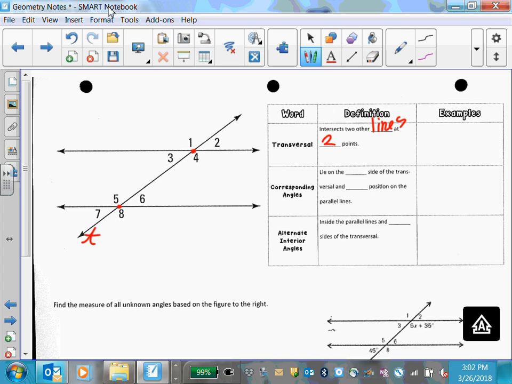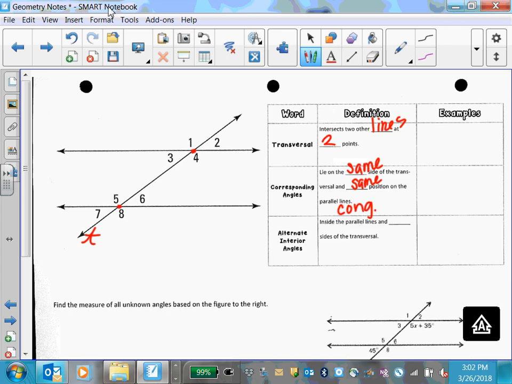Corresponding angles lie on the same side of the transversal and in the same position on the parallel lines. They are also going to be congruent, equal to each other.